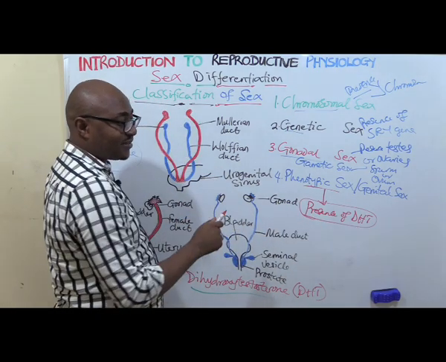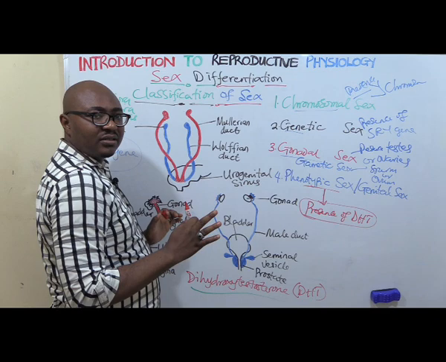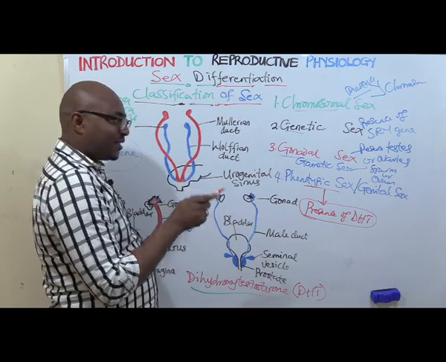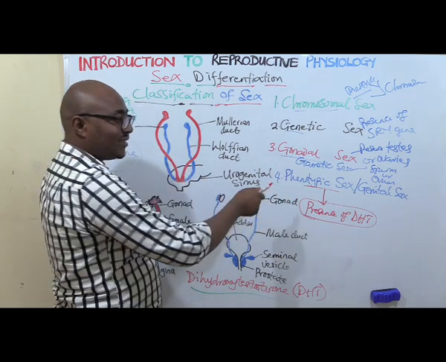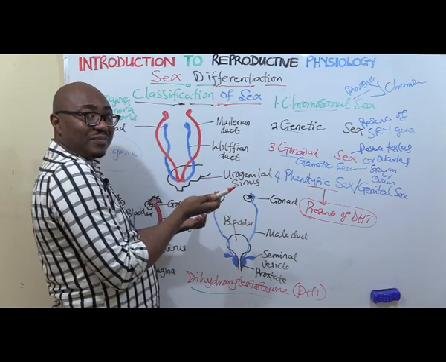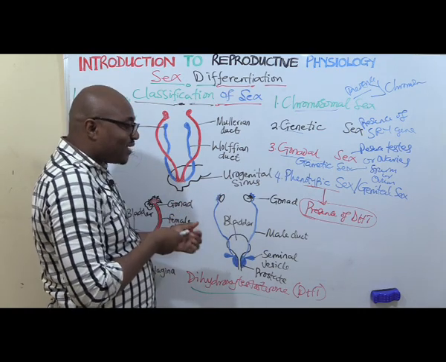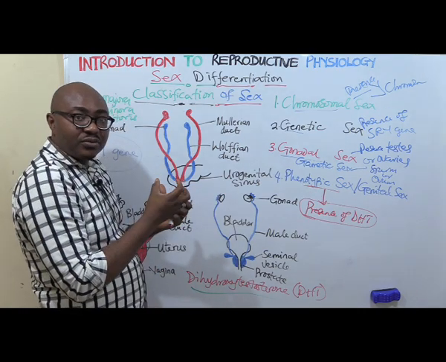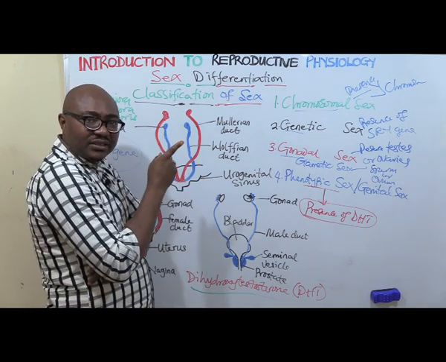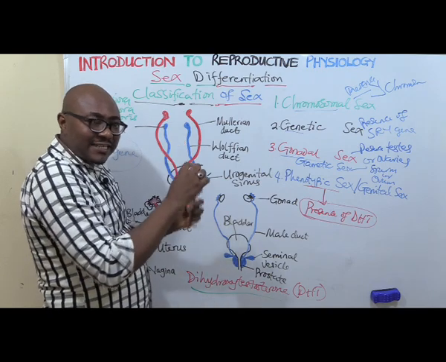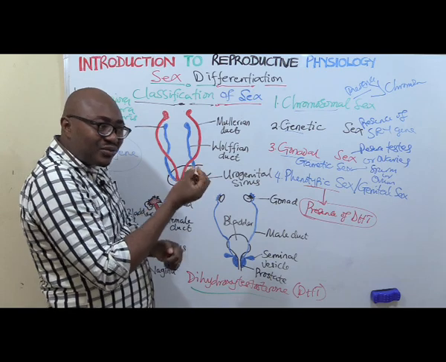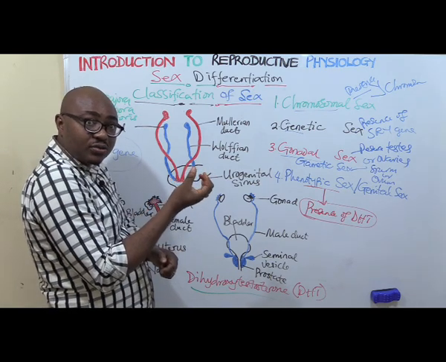But there's another variant that can also manifest. We've talked about absence of DHT giving rise to female external genitalia. But sometimes the embryo or the baby can have excess androgens. You know that the adrenal cortex has the zona reticularis that produces some androgens, male hormones.